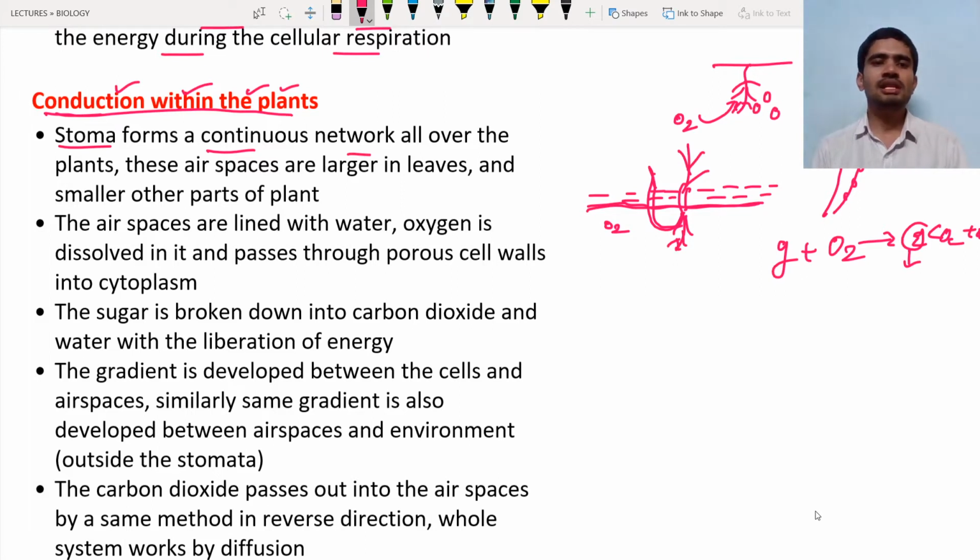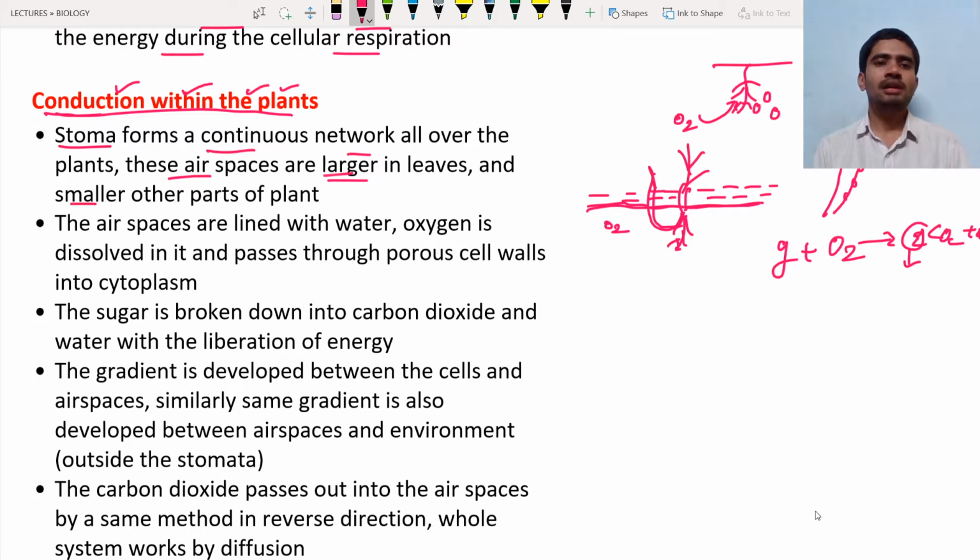As a result, there are air spaces. In these leaves, wherever there is a stomata, there will be larger air spaces. If the air spaces are larger in the region of the stomata, there will be a maximum rate of exchanging or conduction of the gases.